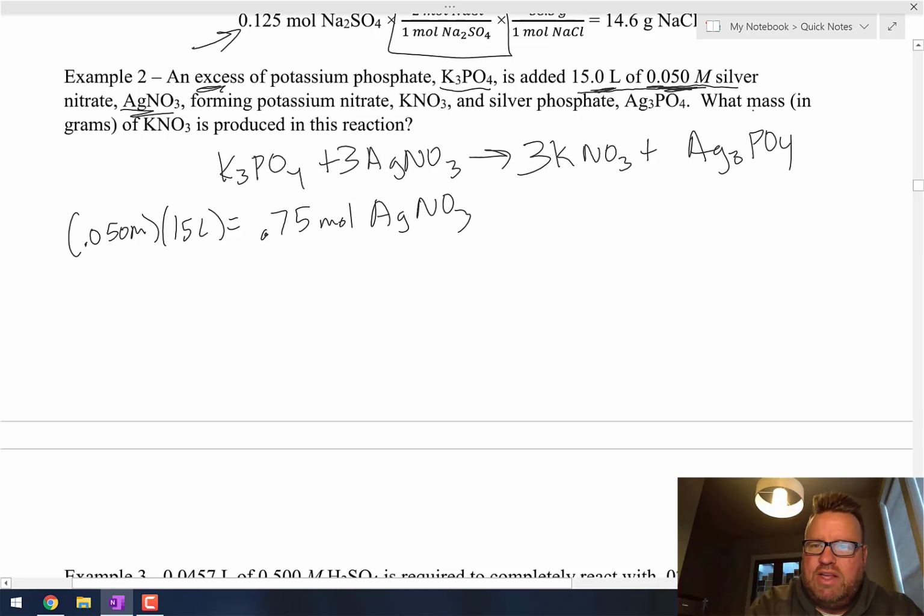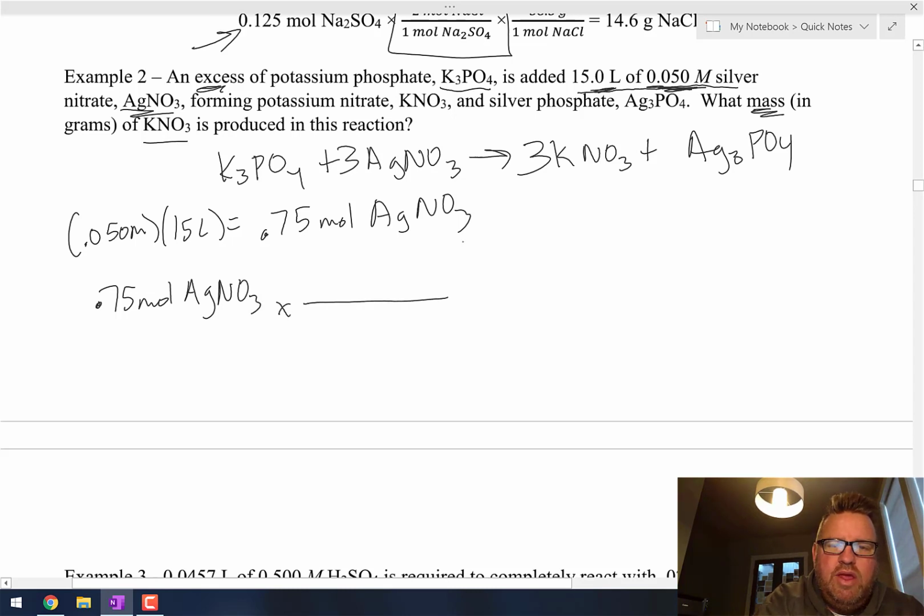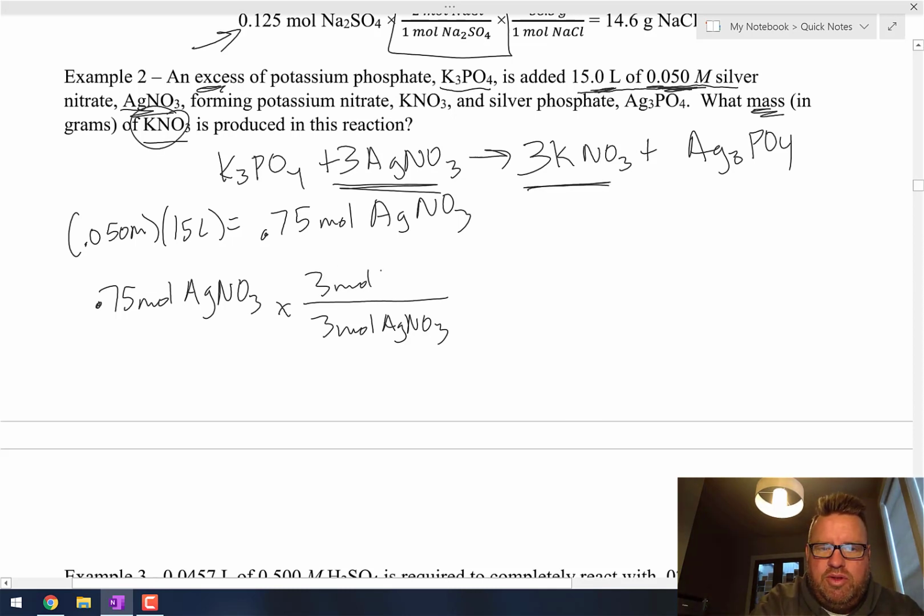Okay, and again, they're asking us about the mass of KNO3. So we're going to go 0.75 moles of AgNO3. And then from the balanced equation, 3 moles of AgNO3 are going to make, remember they're asking us about KNO3, 3 moles of KNO3.